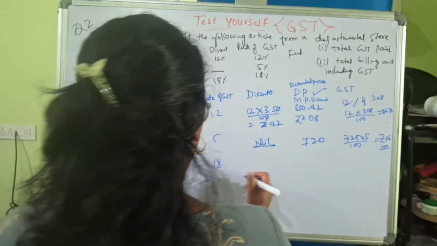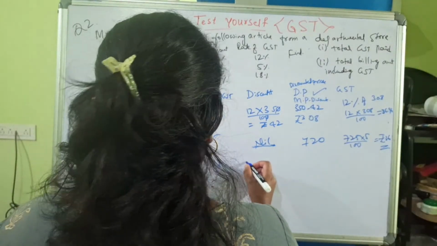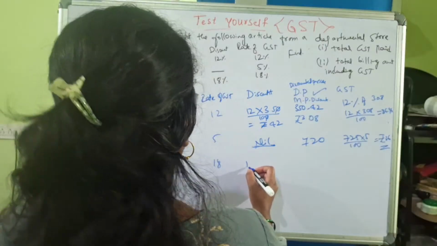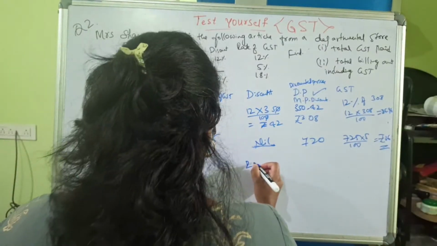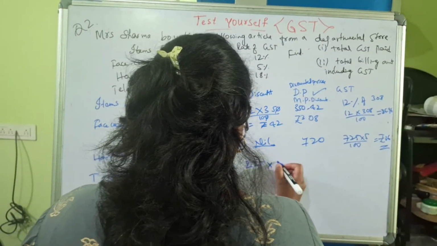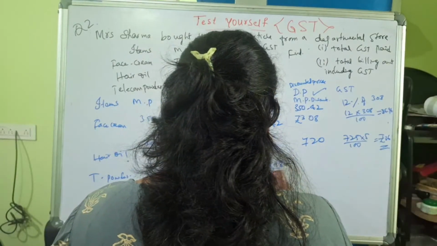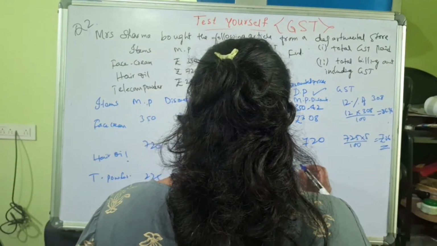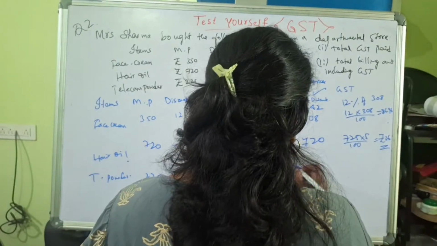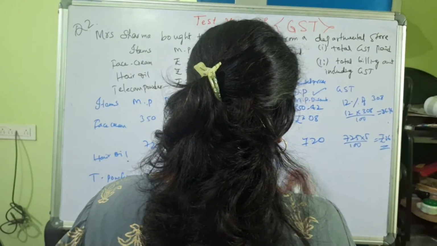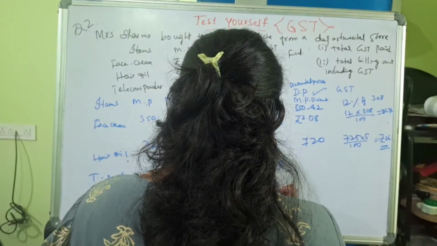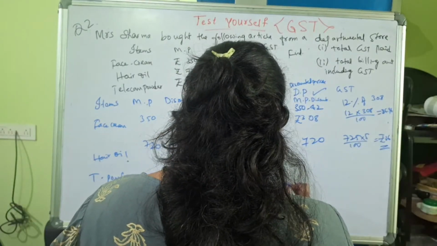And for talcum powder, discount is 18%. So 225 into 18 divided by 100, which is equal to rupees 40.5.